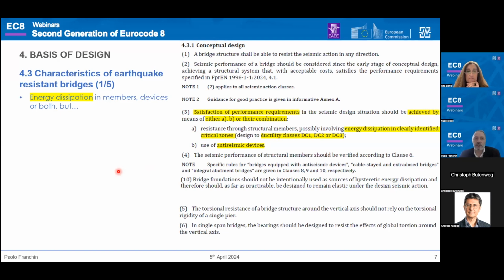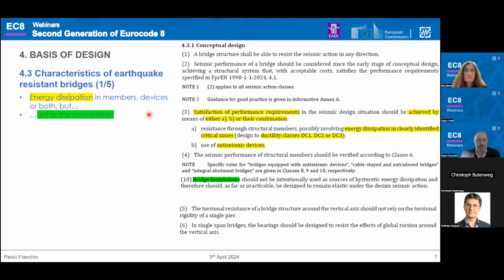This can be achieved either by energy dissipation in members or in anti-seismic devices, or both. This is a common situation in bridges where you have a mixed strategy. But note, please, one should not intentionally use the foundations and the soil-foundation system as a source of hysteretic energy dissipation.